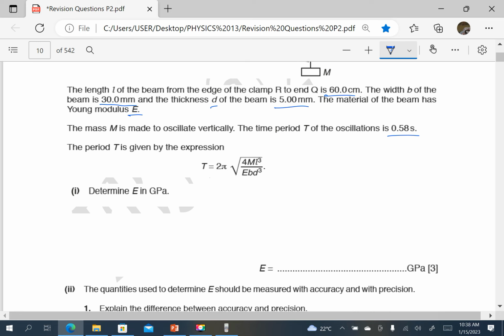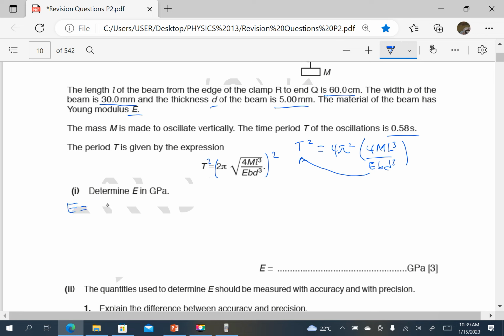So the easiest way is to make E the subject first so that we substitute directly. From this expression, I'm squaring both sides. So this is T squared. So we have that T squared is equal to 4 pi squared into 4 m L cubed divided by E B D cubed. So I'm only going to remove E and bring it to the other side.